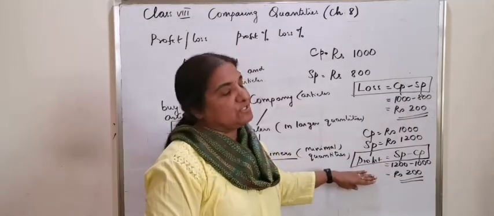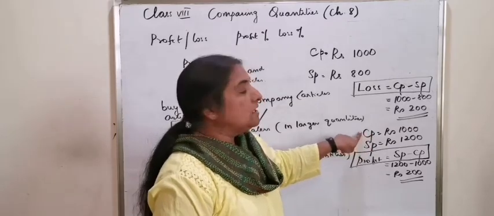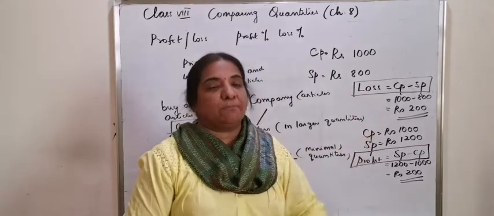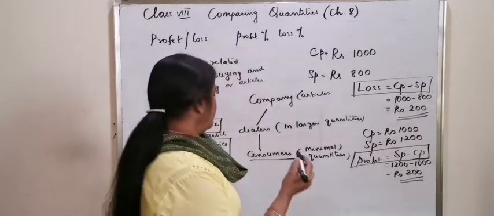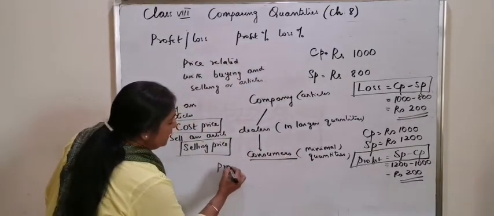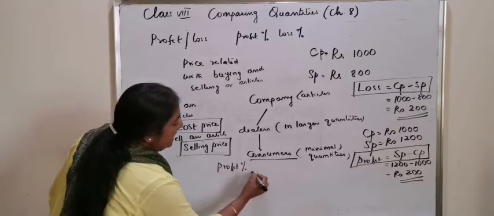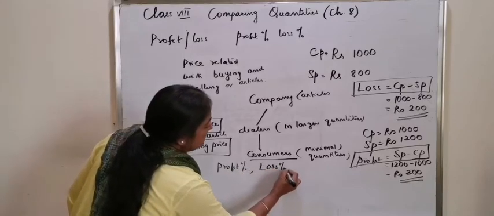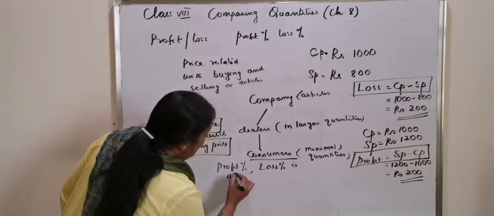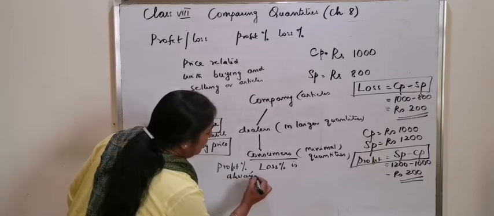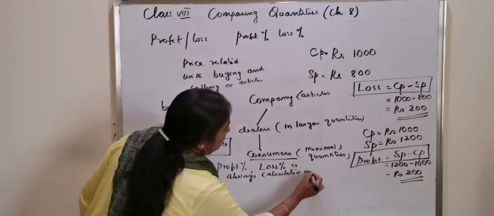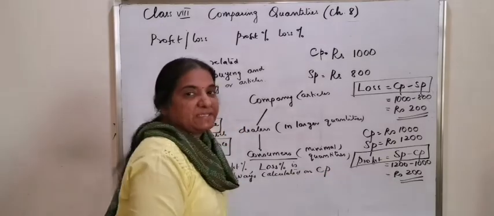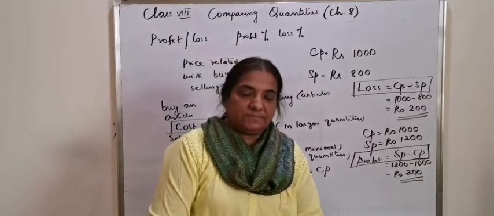Profit or loss is always calculated on the cost price, on the amount at which you are buying the article. So the next concept is that profit percent and loss percent are always calculated on CP, the cost price of the article.